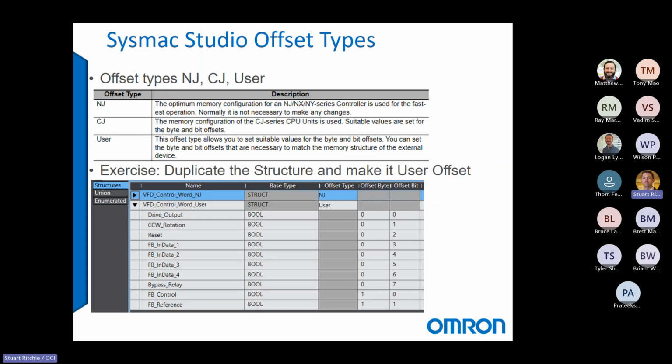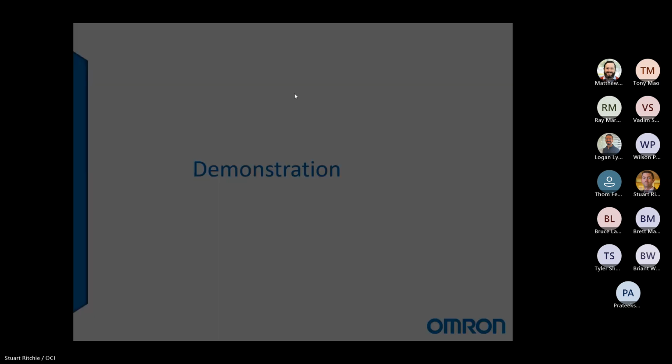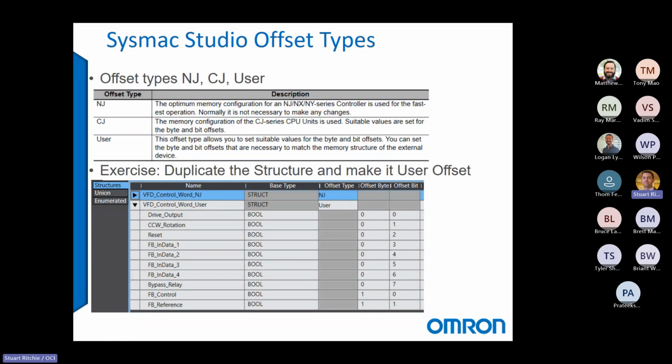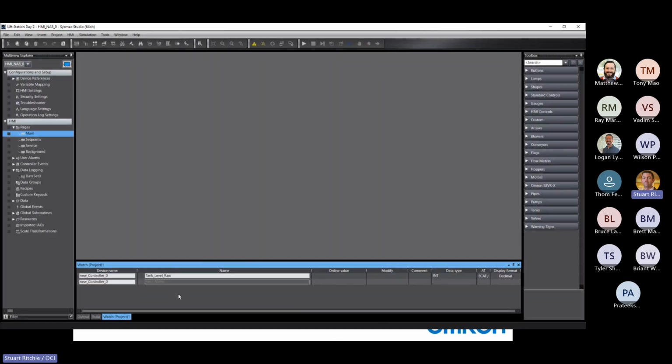So in Sysmac, we have something called structures, or UDTs. I'm missing a slide in there. That's all right. And when we go to make our own structures or our own UDTs, we can make them however we need.